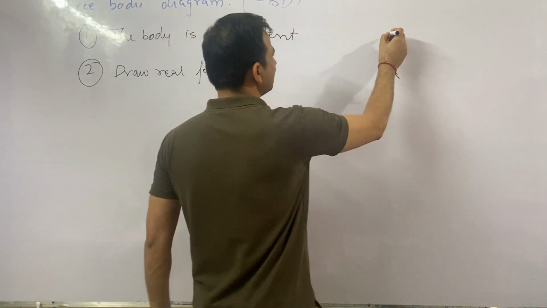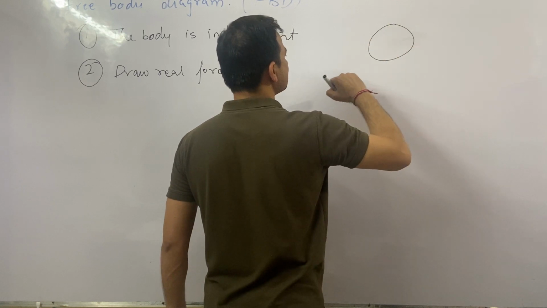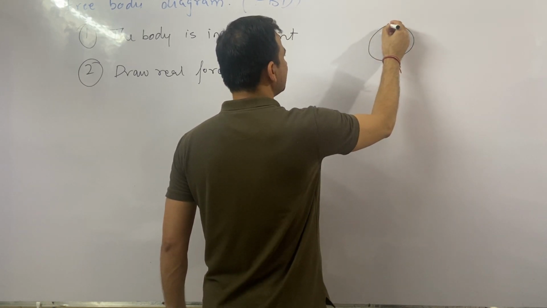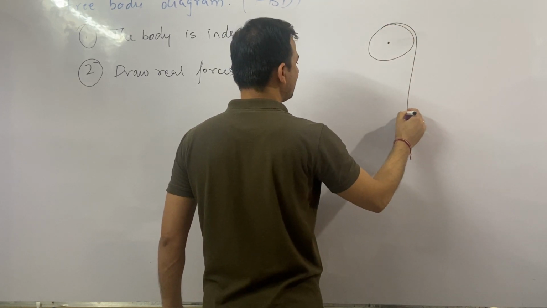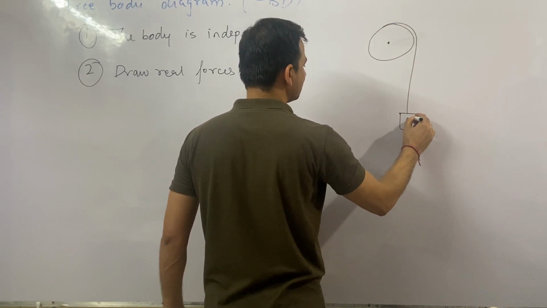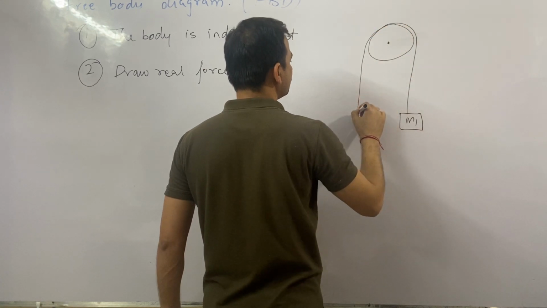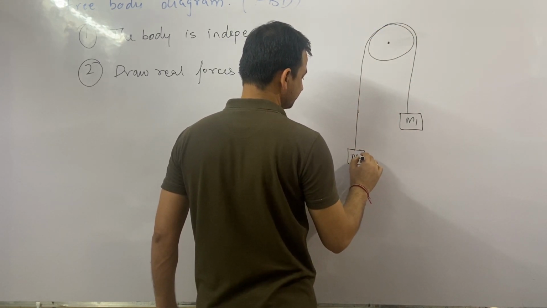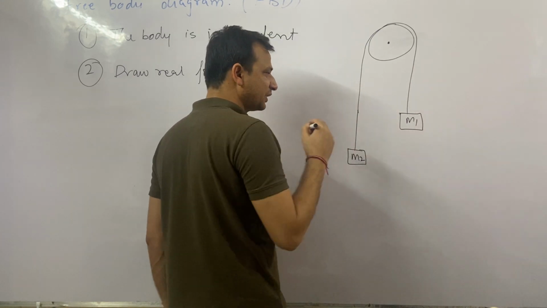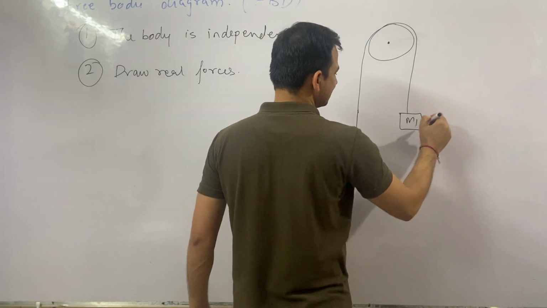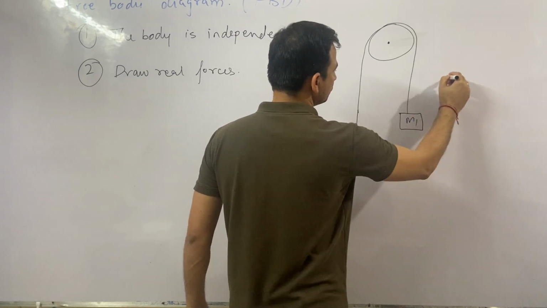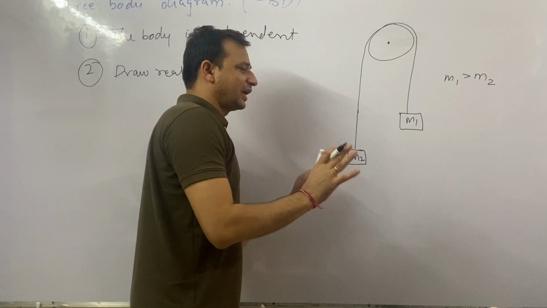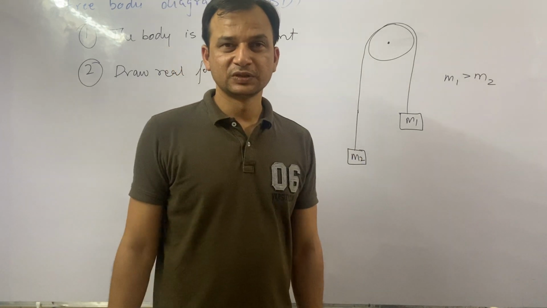So imagine this is a pulley, and with this pulley there are two masses, M1 and M2 attached. Let's assume that M1 is greater than M2. Now we have to draw the free body diagram.